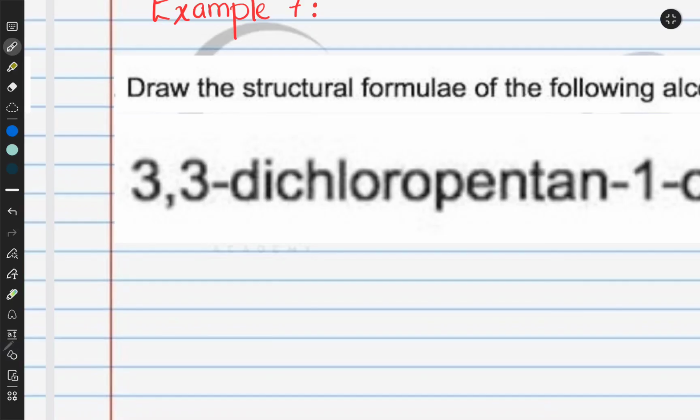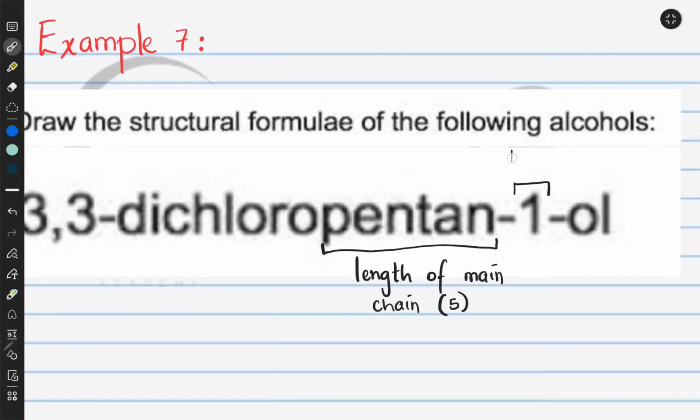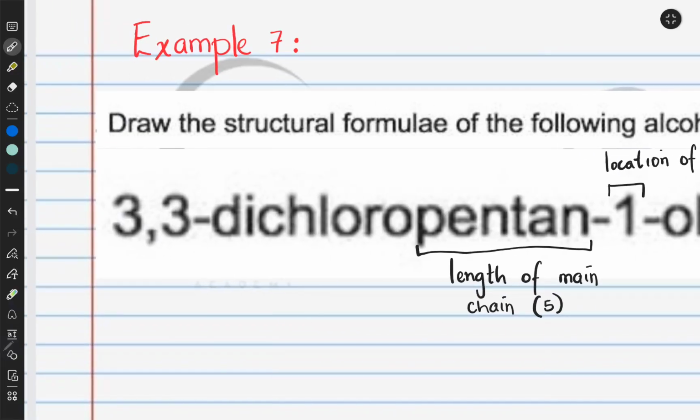Okay, and then that's the length of our parent chain. Since it's pent, it has to be 5. All right, this is the location of our hydroxyl group, and this is the location of chlorine.